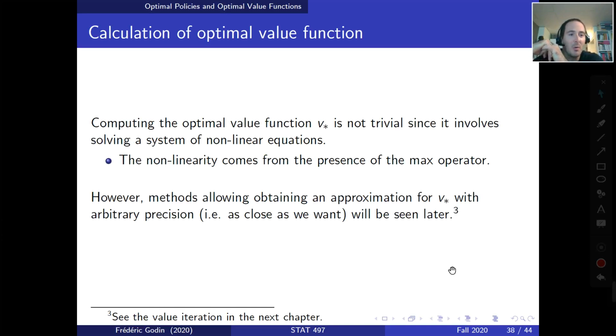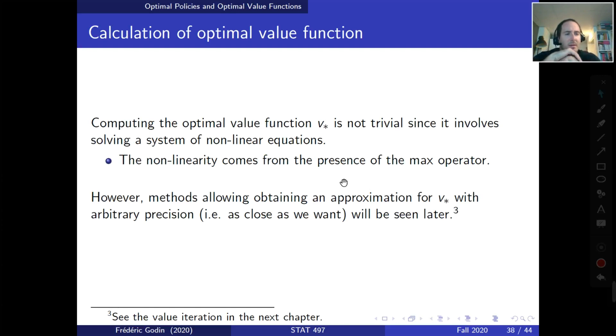Okay, so our objective in practice would be to calculate these functions, but this is not easy to calculate in practice. Okay, so for example, the optimal state value function V star is the solution to the Bellman equation we've shown. Okay, and the Bellman equation is a system of nonlinear equations.